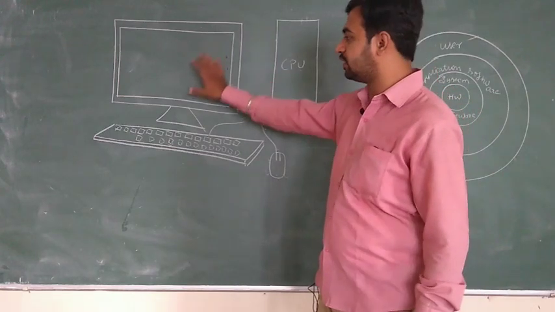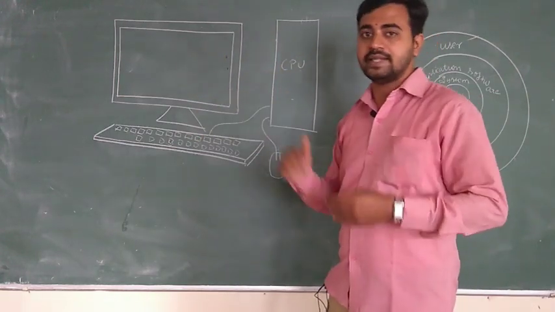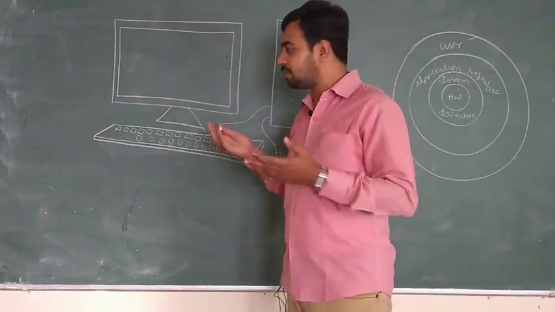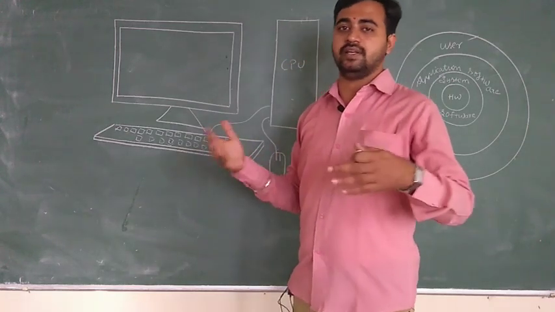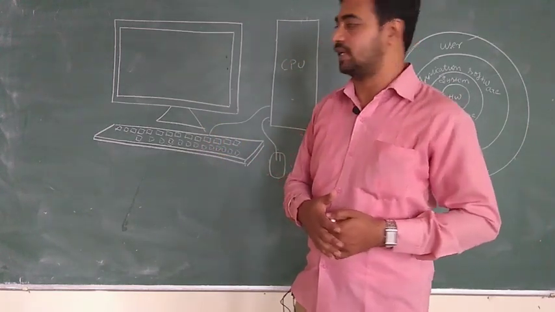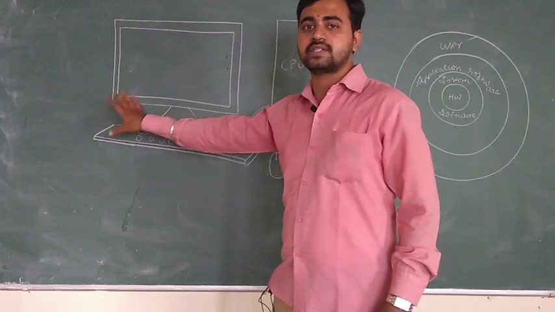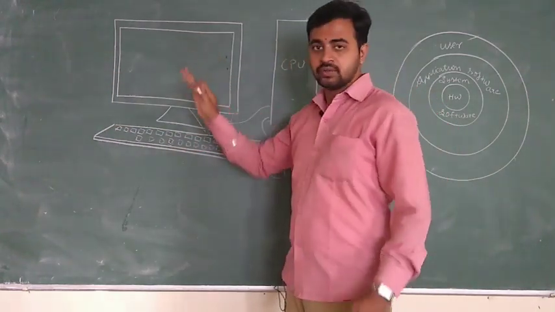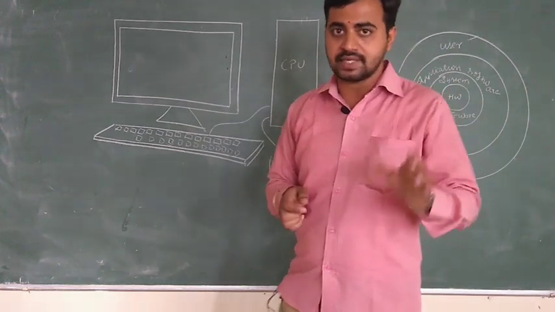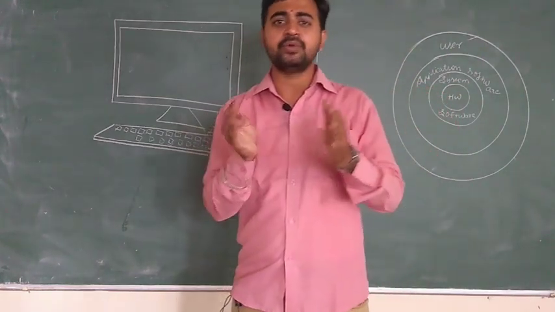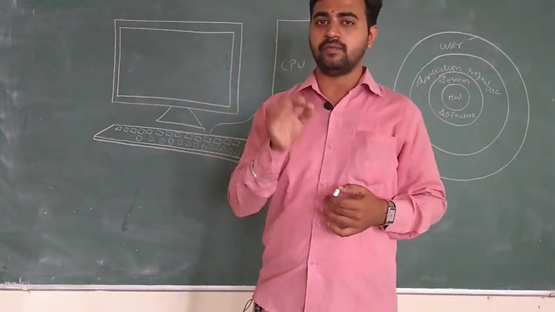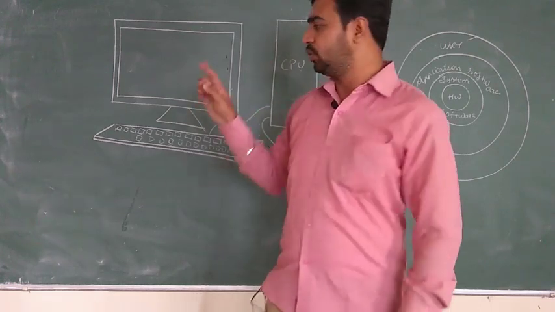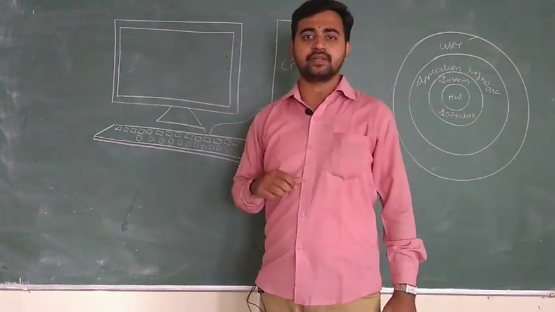I am drawing the diagram of a desktop computer, which means the personal computer. I am not drawing any laptops or smartphones here, just a normal regular desktop computer. When you have joined DCA or any other computer related course, the very basic thing is you should identify the parts of a computer.